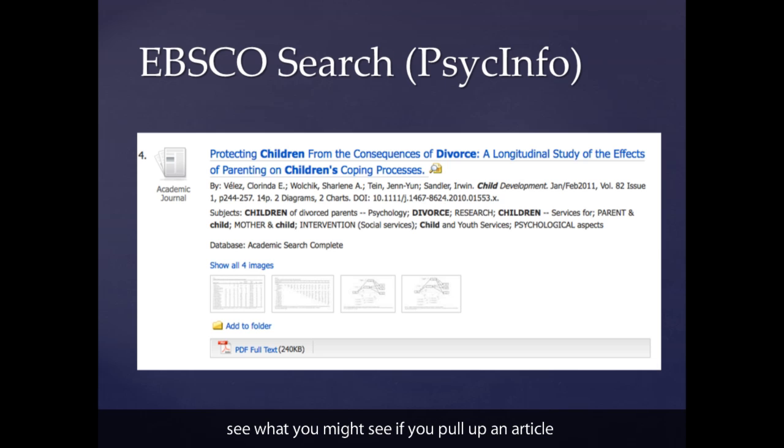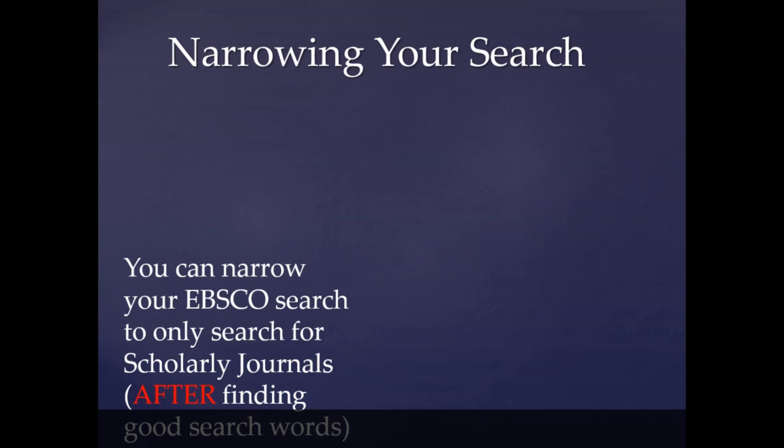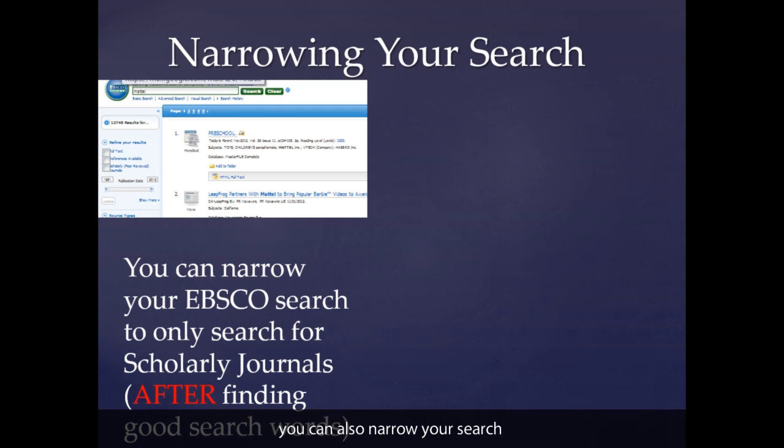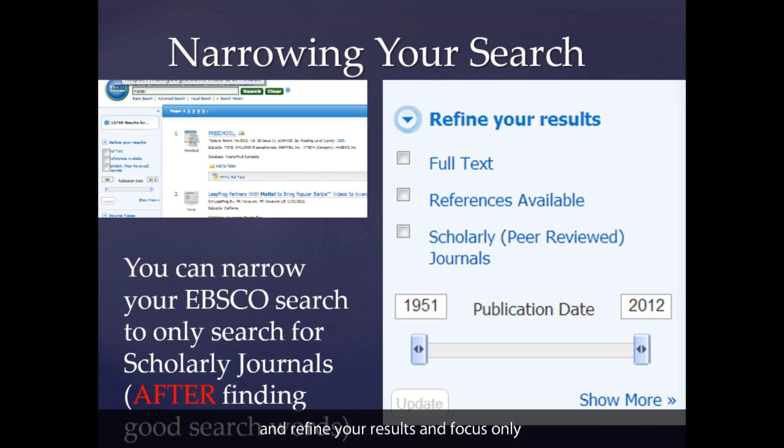If you pull up an article, you can tell immediately if it's from an academic journal. You can also narrow your search to refine your results and focus on only scholarly articles. I would do this after you've found good search words.